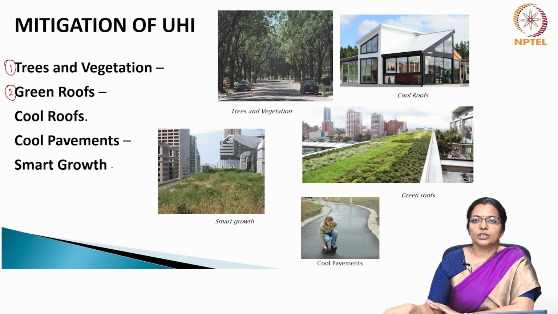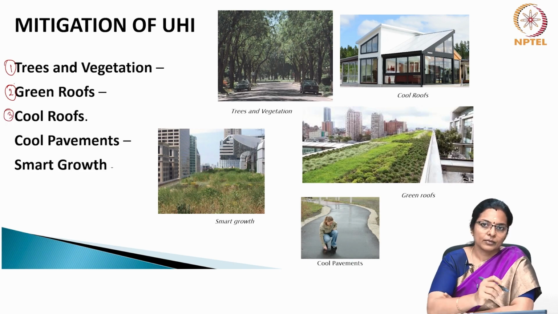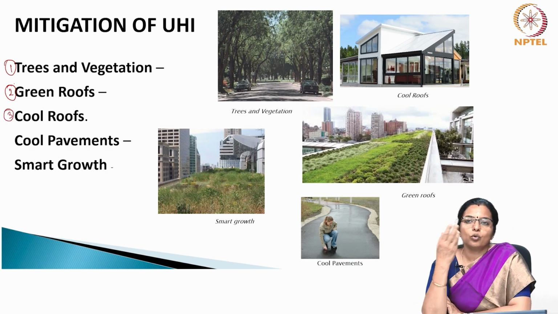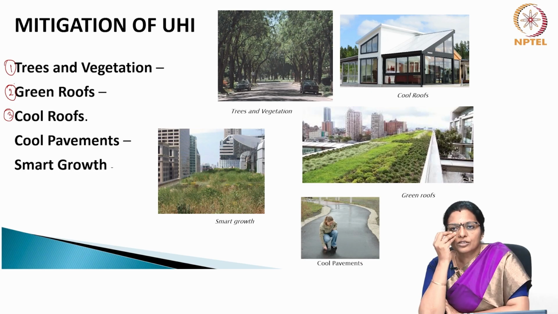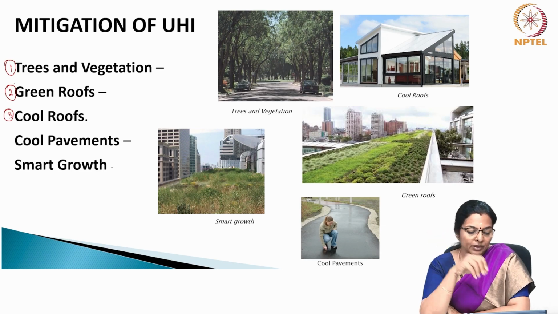Third is cool roofs. Cool roofs are composed of materials or coatings that dramatically reflect heat from the sun and away from the building. You can minimize energy use, improve occupant comfort, and lower room temperature.